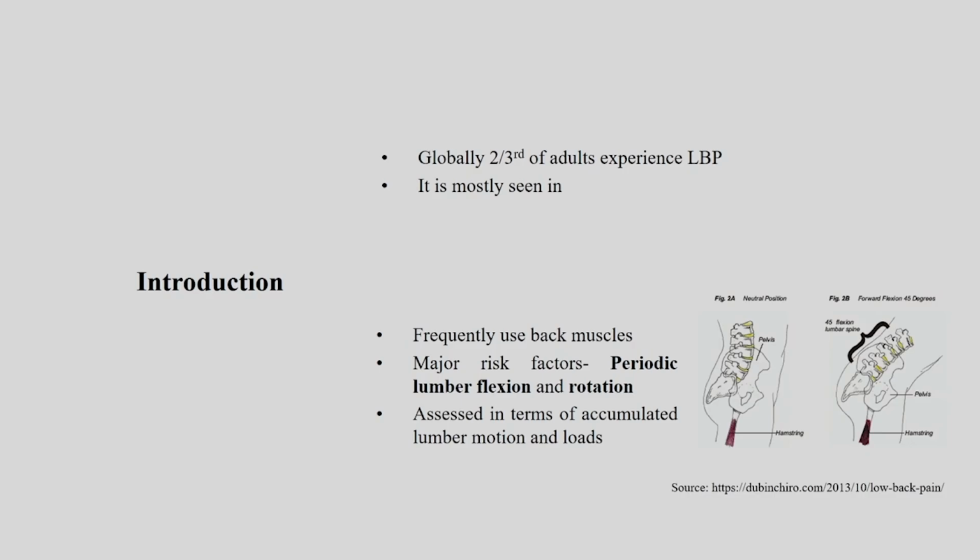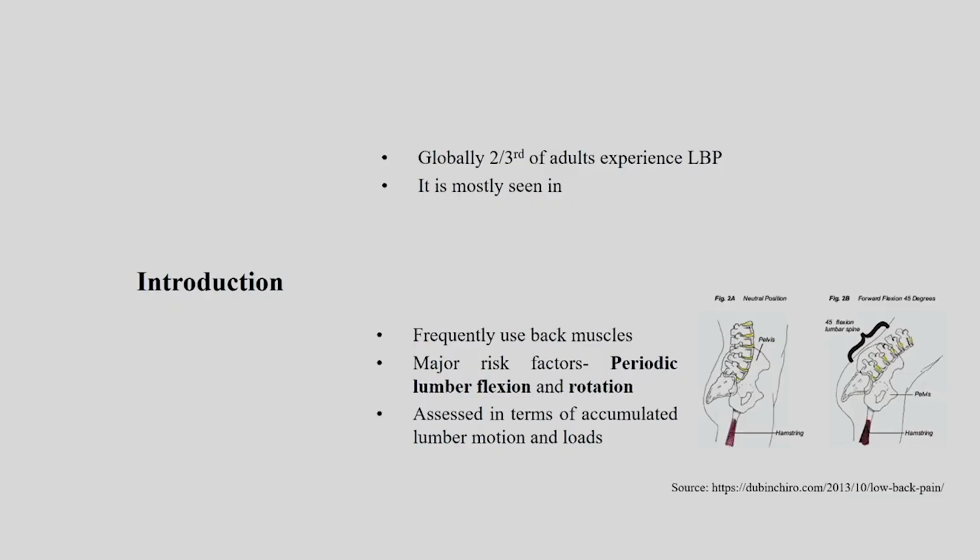How does low back pain happen? If the person is sitting for a longer period, a sedentary sitting job can cause low back pain, or excessive movement of the low back can also cause low back pain.